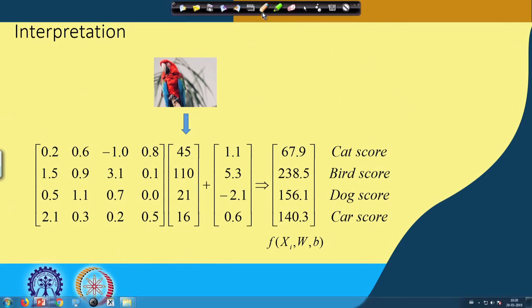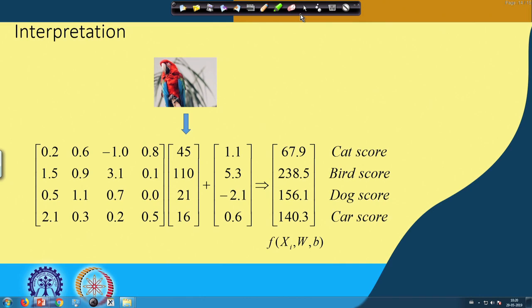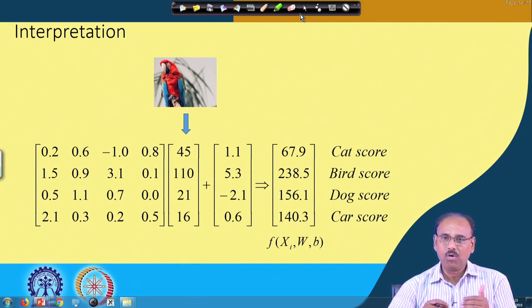So, as we have seen so far, in this linear machine, for every class or for every category, I have a vector which is a row in the matrix W, and for this input vector I am taking the dot product of this input vector with the ith row of my parameter matrix W, and this dot product gives me the score along with the bias term, the score for the ith class of the given vector.